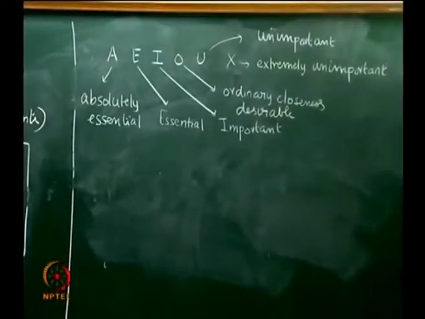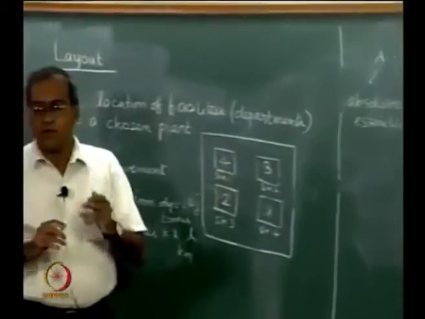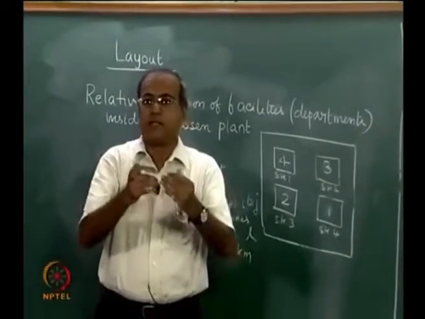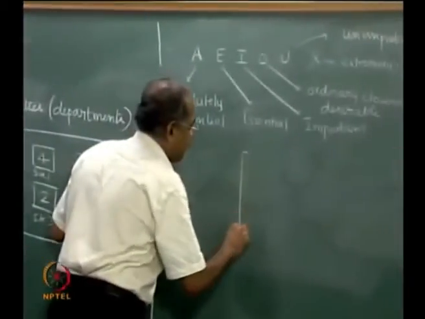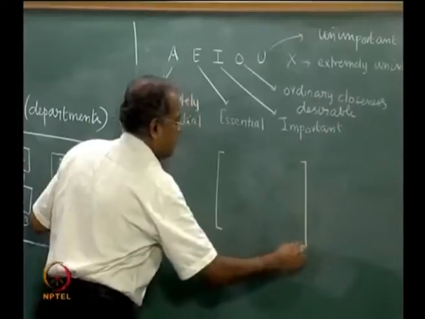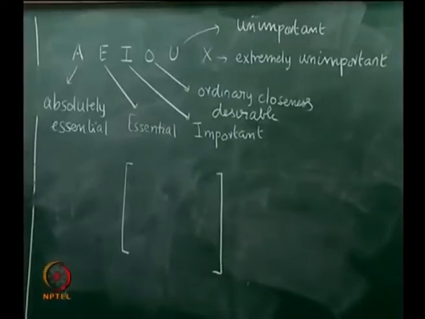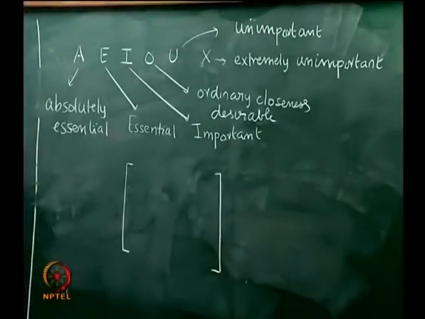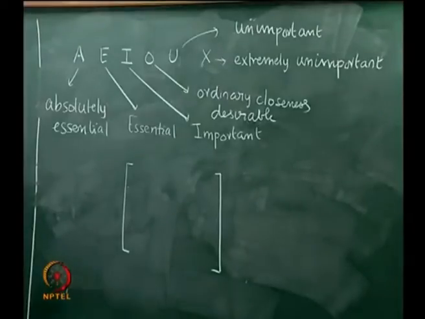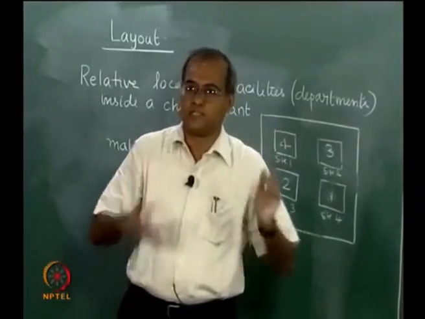Now, let us say there are 4 facilities, departments that have to be allocated. So, what we do is, we try and create a matrix which is made up of A, E, I, O, U, and ask the experts to define how important it is to keep these 2 facilities close to each other.